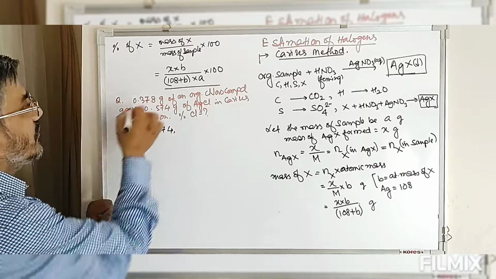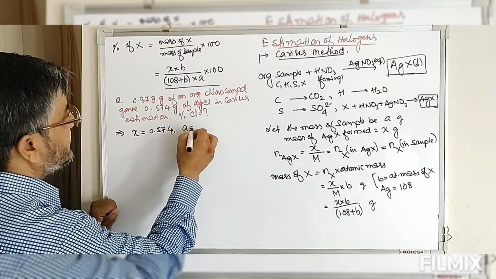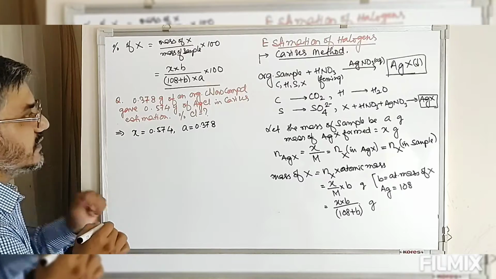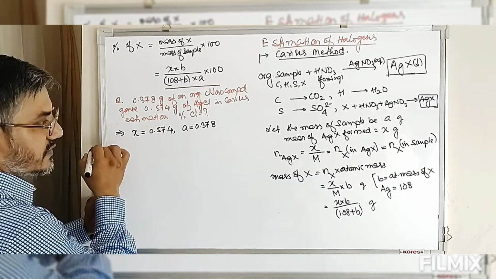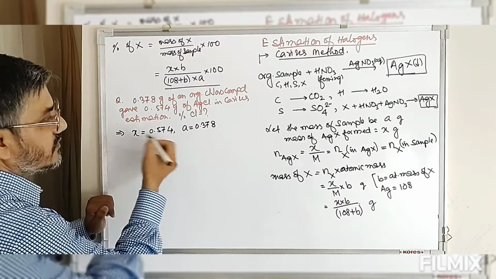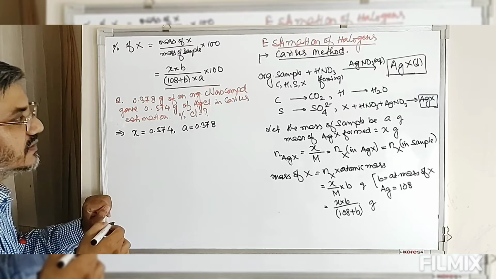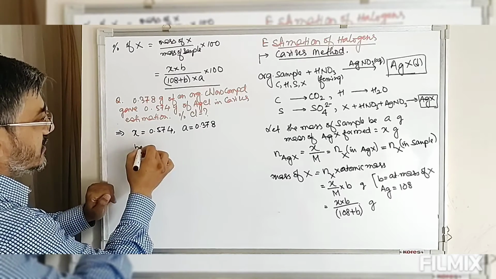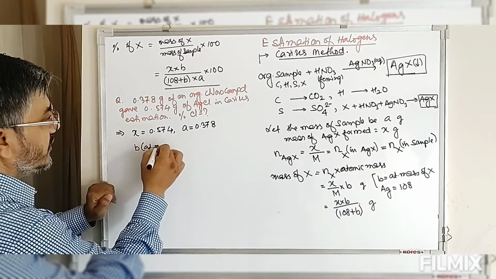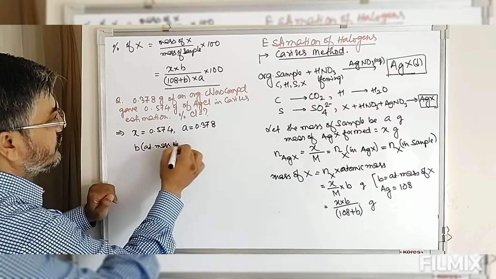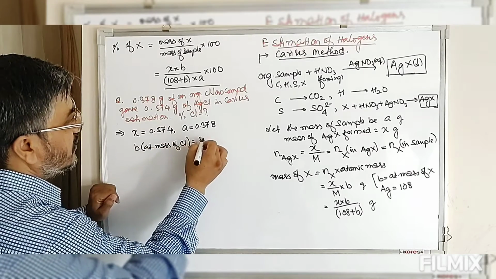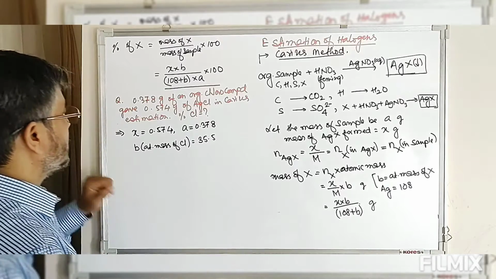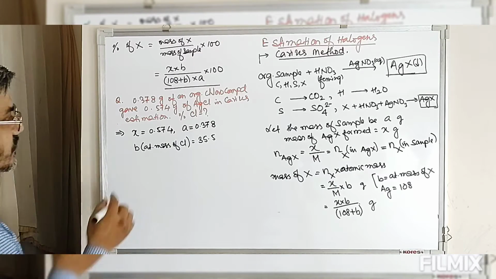The mass of organic sample taken, that is A, is 0.378. For the atomic mass of chlorine, we take this B, that is the atomic mass of chlorine, which is equal to 35.5. So we have this data, we have to find the percentage.